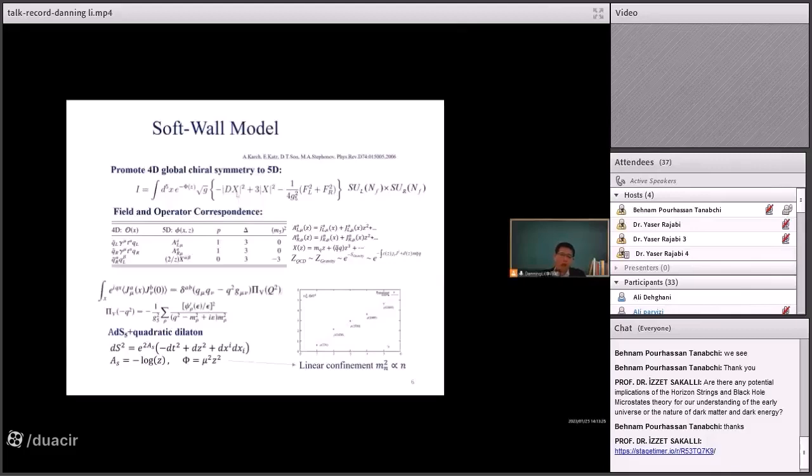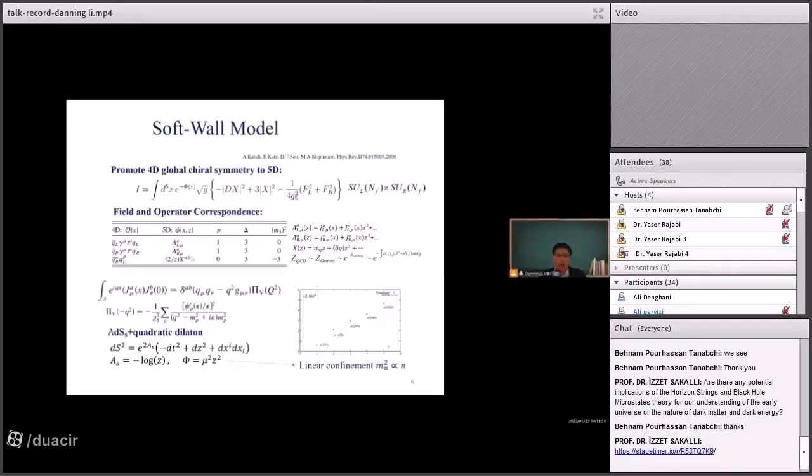And this X is a matrix-valued scalar field, dual to the bilinear operators. The diagonal part is just the chiral condensate. And also, the left-handed and right-handed gauge fields are dual to the four-dimensional conserved currents.